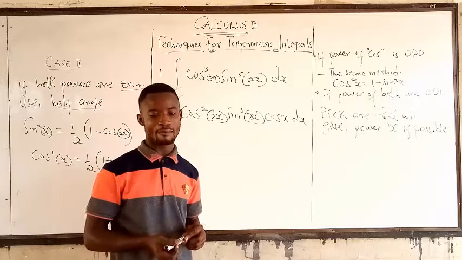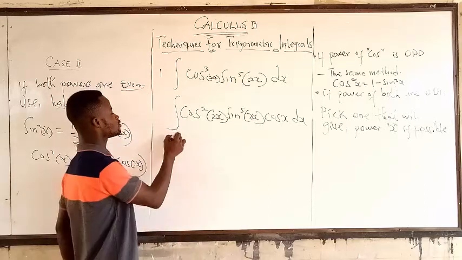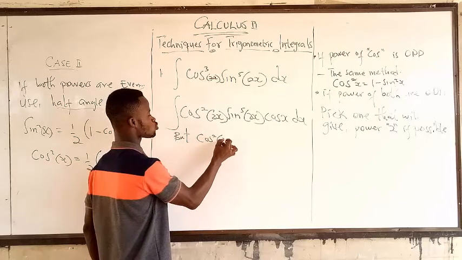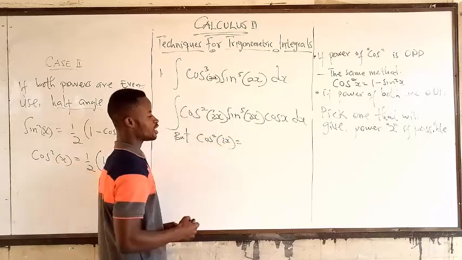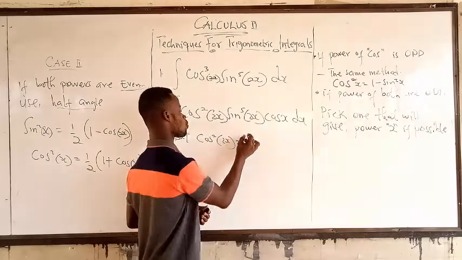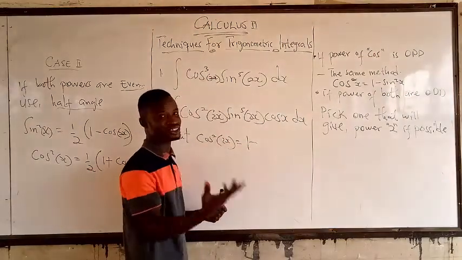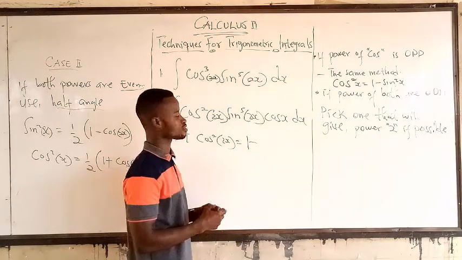So cos square 2x is going to be equal to 1 minus sine square. The 2x there is not a problem, it's just an argument.